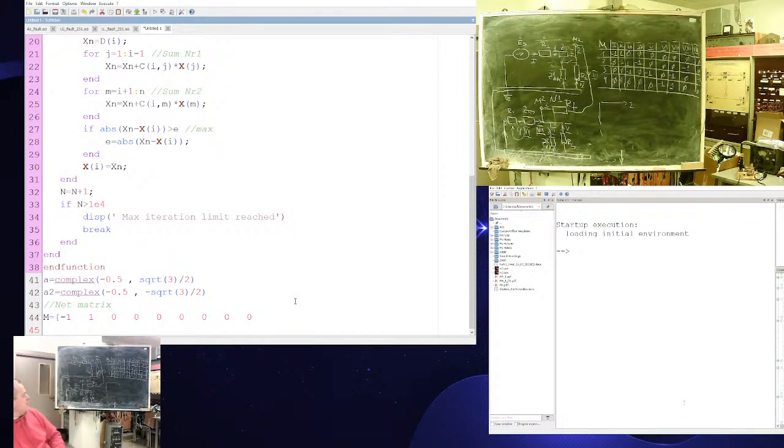Looks correct? -1, 1, and zeros. Okay, next. 0, -1. I need a slave to do this work. 1, -1. I definitely need a slave.